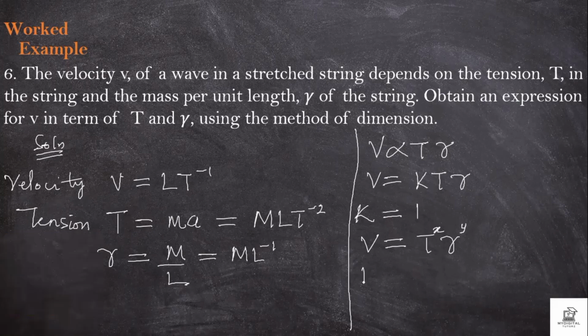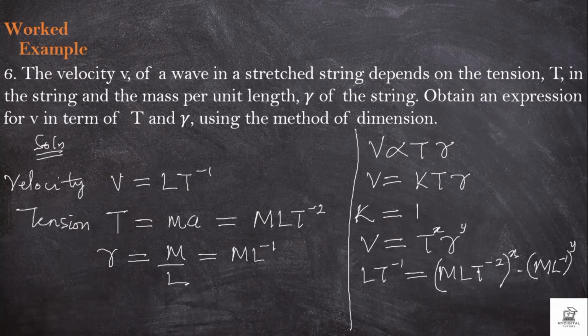Dimension for velocity is LT minus 1, equal to dimension for tension, which is MLT minus 2, to the power of X, times dimension for gamma, which is mass per unit length, ML minus 1. So I have ML minus 1 all to the power of Y.